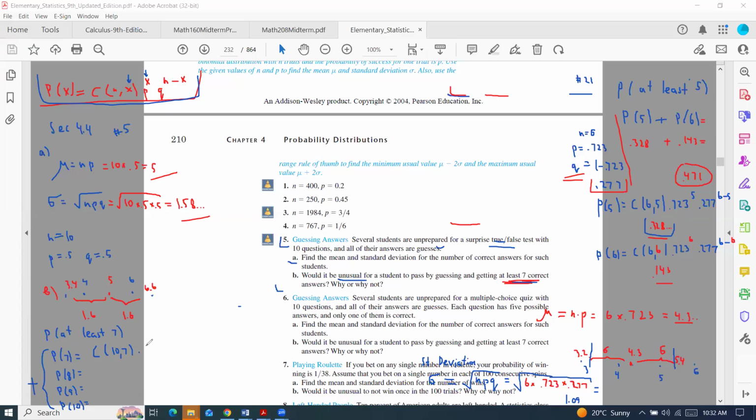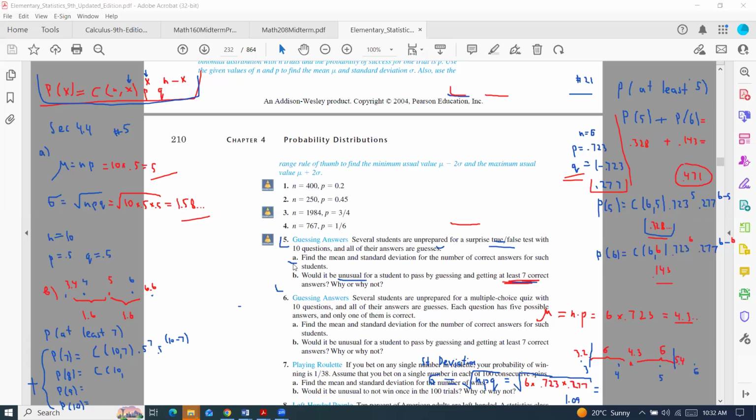And then the chance is 0.5 to the power of 7, and then 0.5 to the power of 10 minus 7. And this procedure needs to be done 4 times, but here it will be a replacement.